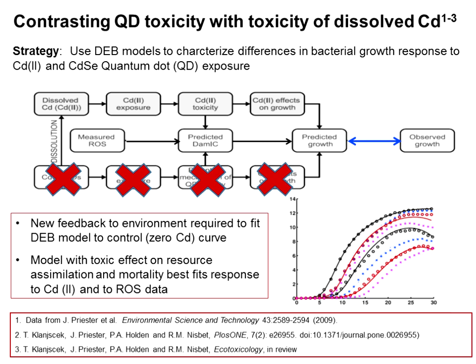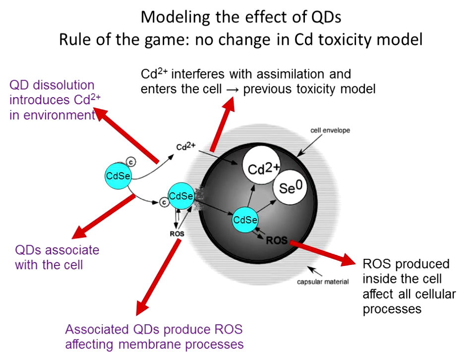And then, having done that, we were able to conclude that a model that assumed the primary toxic effect occurred on the rate at which the bacteria absorb resource from the environment, and a direct effect on mortality best fitted the data. This was all still working with dissolved cadmium.